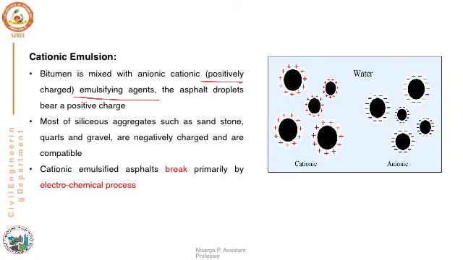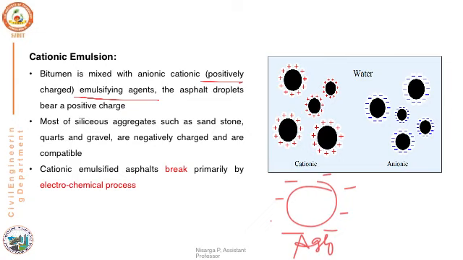So here the cationic emulsion will be suitable for aggregates which possess negative charges, to have a good binding property. Some examples of aggregates which possess negative charges are siliceous aggregates, which can be sandstone, quartz or gravel. These are negatively charged and are compatible with the cationic emulsion.